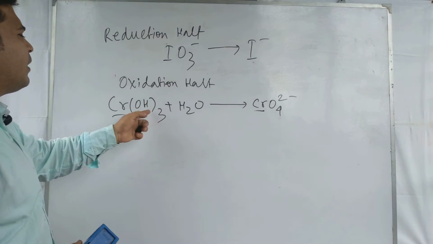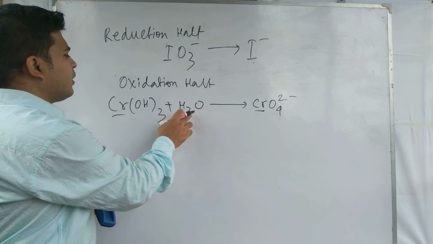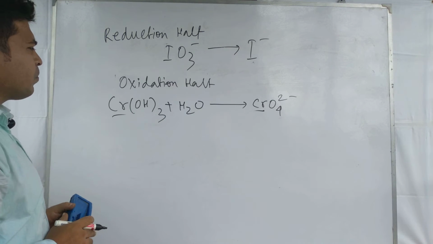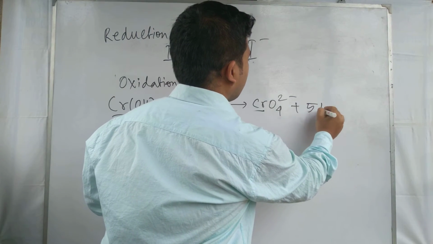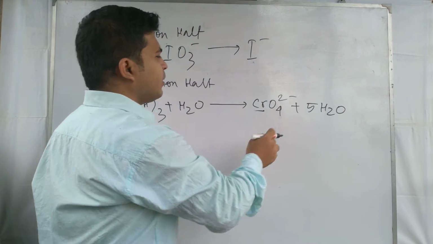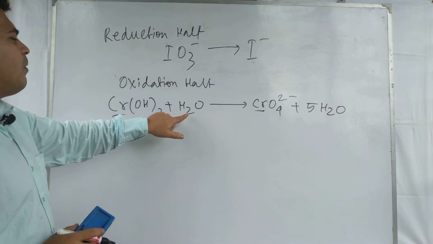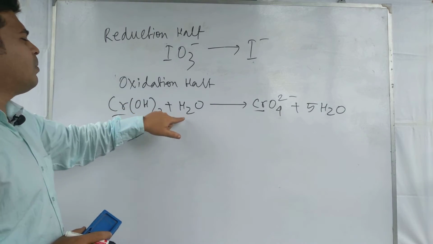So now the oxygen deficiency is removed from this equation. Now the problem is that 2 plus 3, 5 hydrogen is present on the left hand side of this equation. Here no hydrogen is present, so for this reason 5 H2O molecules are added to remove the deficiency of 5 hydrogen atoms, 3 plus 2, 5.